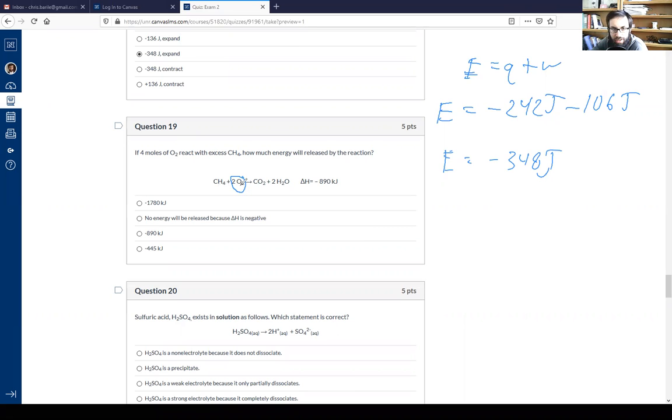And this reaction is for 2 moles, right? We have 4. 4 is twice as big as 2. So essentially, this reaction occurred twice as much. So if 2 moles give this much energy, then 4 moles are going to give twice that amount, right? So it should be negative 890 times 2, and that's negative 1,780.